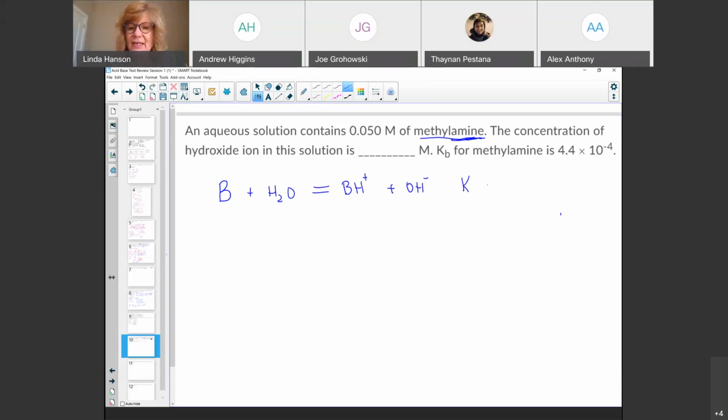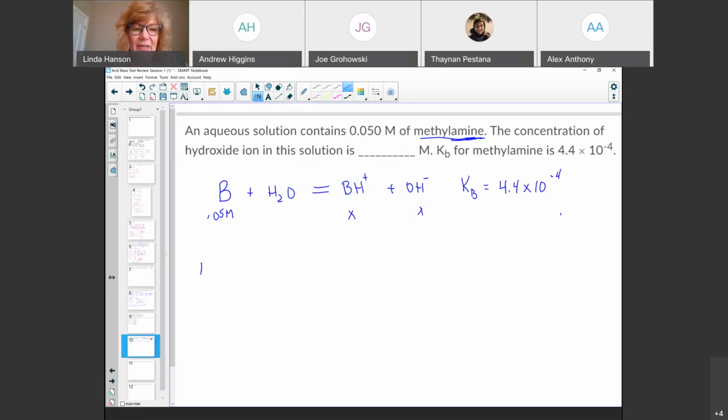This chemistry is a Kb, so we have 4.4 times 10 to the negative fourth. The base given to me is 0.05 molar, and we're being asked to solve for the hydroxide concentration. It would also be the same concentration as the BH positive.